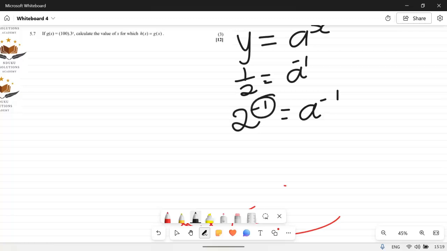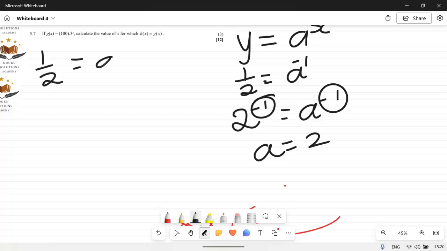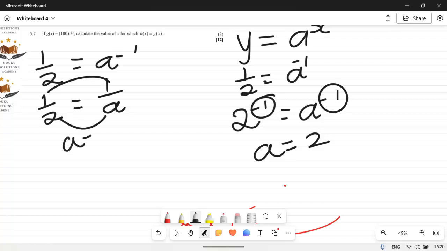Because the powers are the same, the bases are also equal to each other. Somebody can also use the laws of exponents: if 1 over 2 equals a to the power of negative 1, I can write it as 1 over a. 1 equals 1, so a must be equal to 2. All in all, both give us the value of a equal to 2.